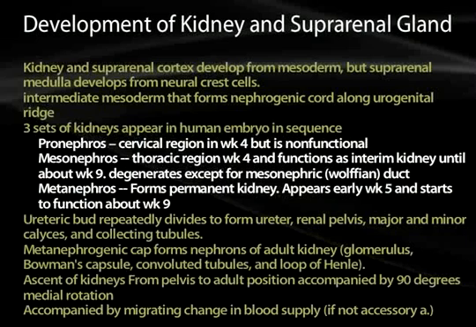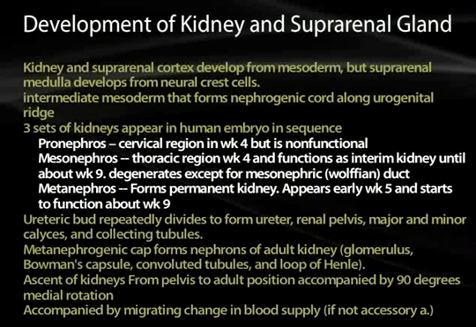The metanephros is going to be the permanent kidney, and that's going to start appearing around week 5 and start to function around week 9 or 10. Ureteric bud is going to be induced to grow into the metanephric cap, which is going to be a diverticulum from the mesonephric duct.